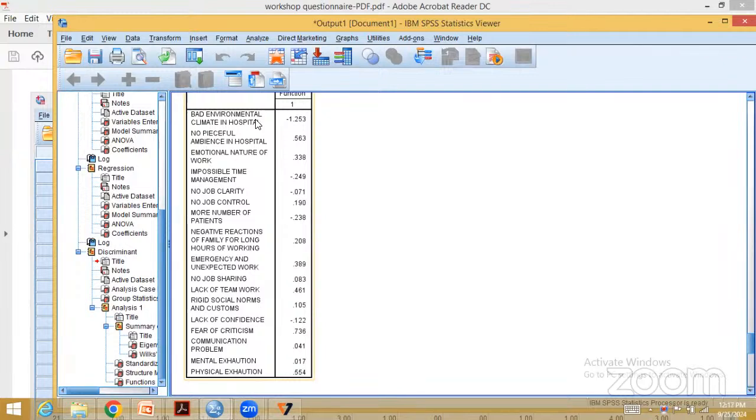But here, the positive coefficient is for private hospitals. Then the positive coefficients: 0.563 positive, 0.338 positive. Similarly, the highest one is fear of criticism, 0.736, the highest positive coefficient, and this belongs to private hospital. So what is our interpretation?